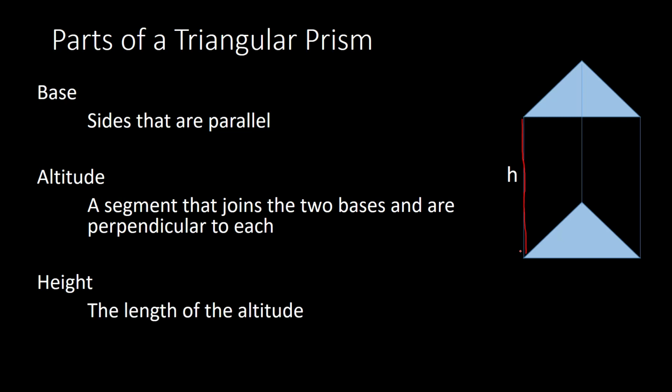By the way, take note with the term base. So bases are the sides that are parallel. So even if I were to rotate this triangular prism, where the base is not on the top and the bottom anymore, then the parallel sides, the triangles, would still be the bases, even though it's not technically on the top and the bottom anymore.